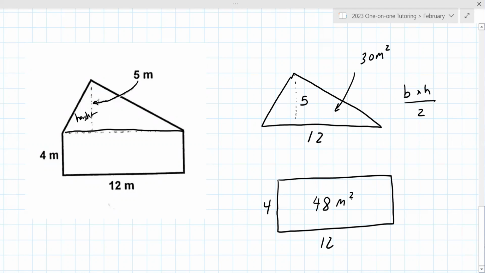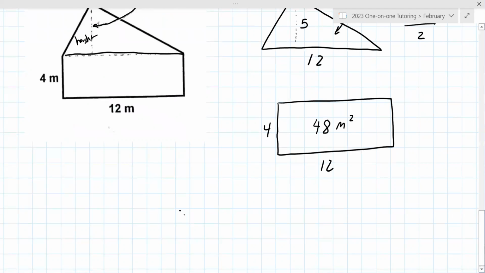It might be good to do some quick rocket math or multiplication tables, because I haven't been focusing on the multiplication. I've been focusing on the division of rocket math. So we're going to add these together. 30 plus 48 is 78. 78 meters squared.